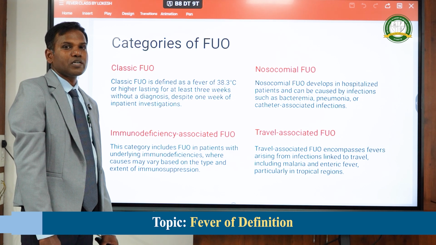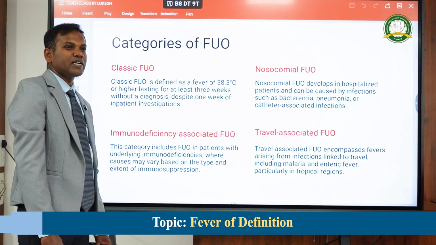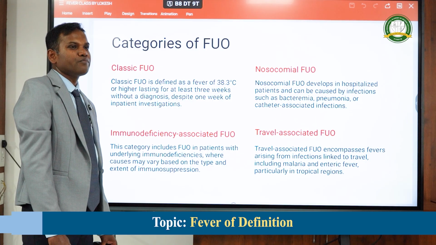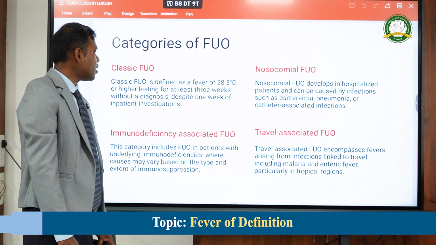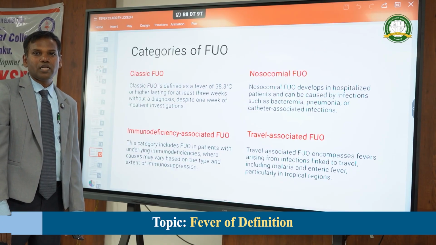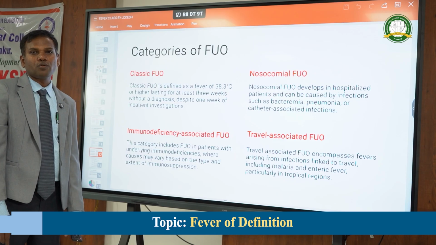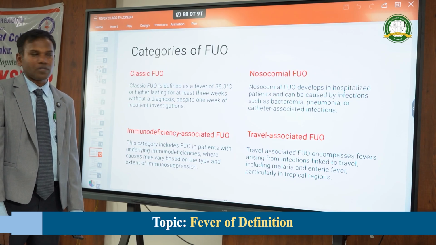If a patient is admitted and even after 1 week of investigation the fever is not coming down, with temperature of 38.3 degrees centigrade or more for at least 3 weeks, then we say it's classical pyrexia of unknown origin.